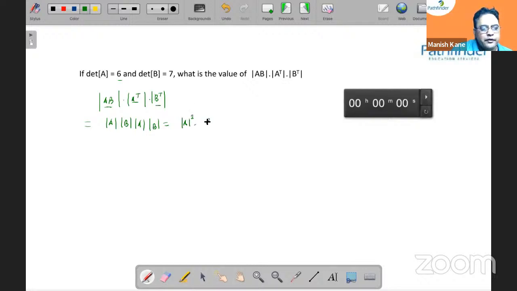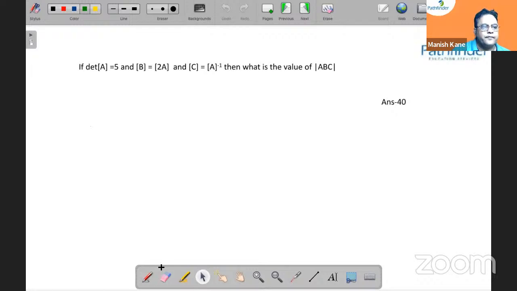Determinant of A square into determinant of B square, which will be your answer. Multiply it, and whatever answer comes is your answer.